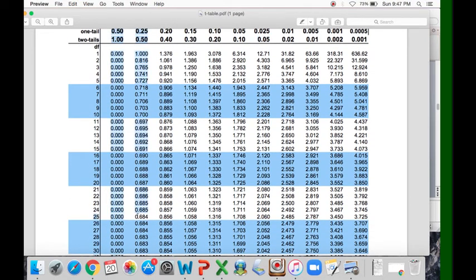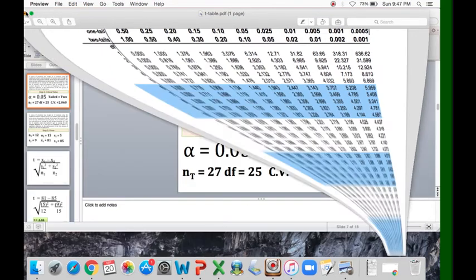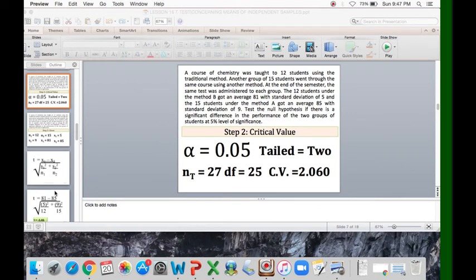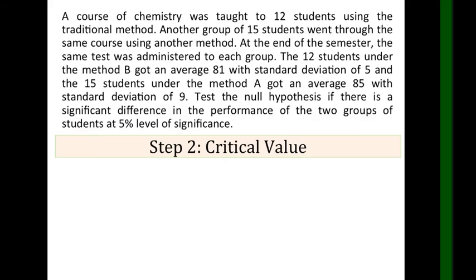So the intersection between 25 and 0.05, two-tailed, is 2.060. That will be our critical value. Okay, so did we get the same? Correct. We get the same answer for the critical value.